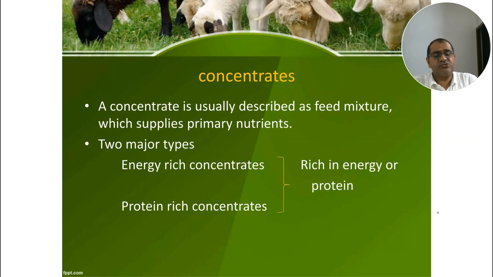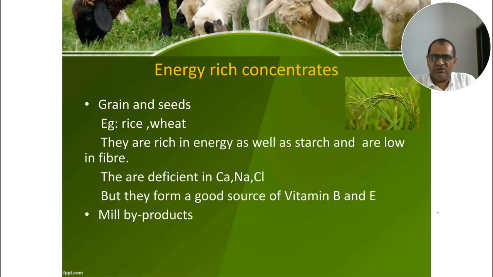The cattle require both energy as well as protein in certain proportions. The beautiful capacity of ruminants is to convert energy into the required protein, and the vice versa is also somewhat true. So we need to provide the proper energy and protein in the form of concentrates.